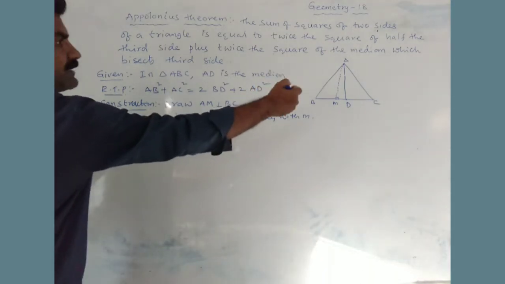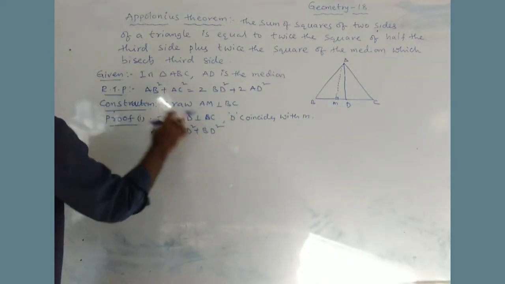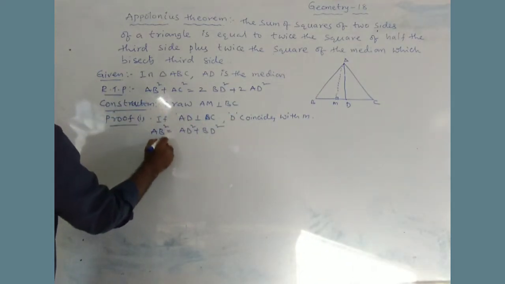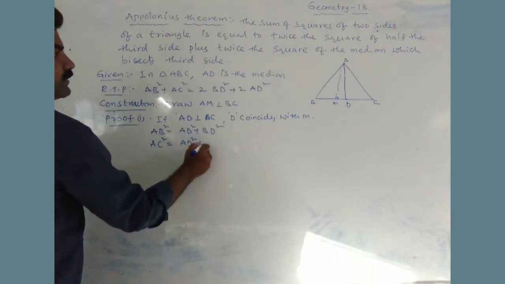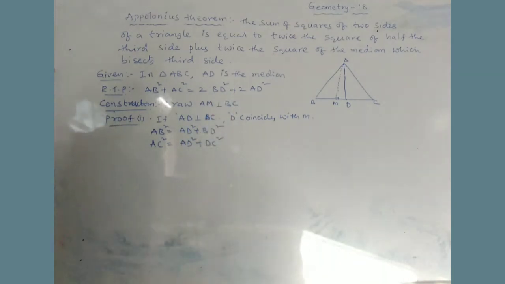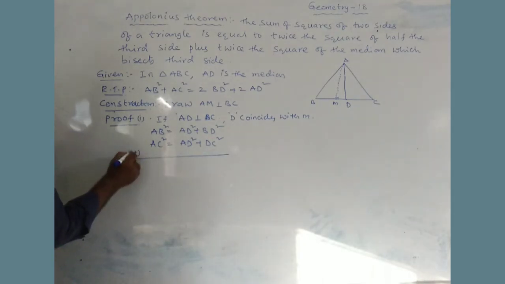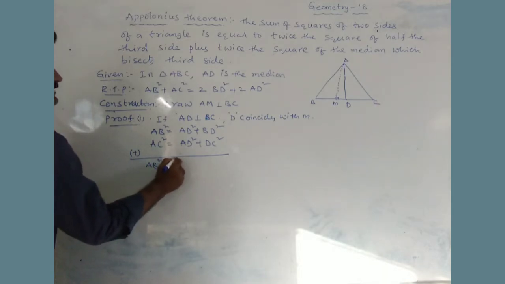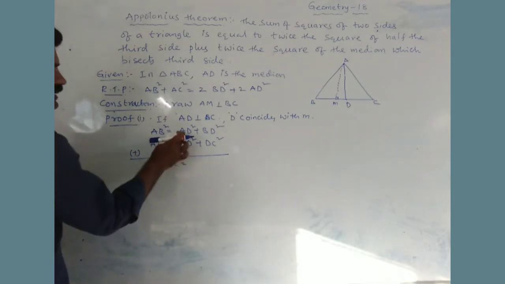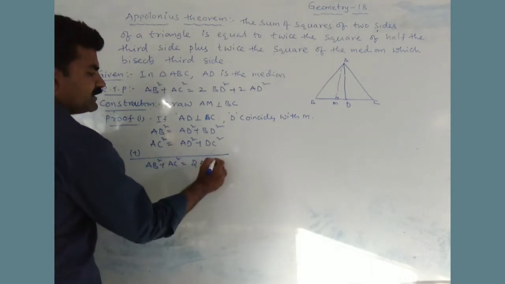As well as the second part, ADC is also a right angle triangle. In this case, I can say that AC square is equal to once again AD square plus DC square. If you add these two, then AB square plus AC square is equal to AD square plus AD square, which is 2 into AD square.